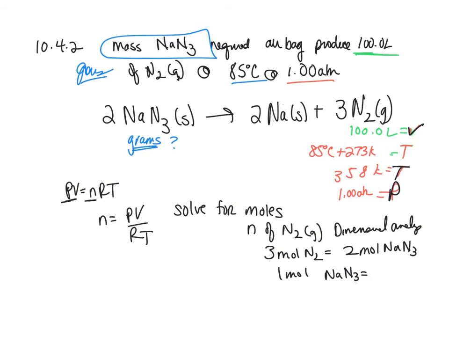If you look at the periodic table, you had 23 for sodium, you got 3 nitrogens, 65.03 grams of sodium azide, then we can get the mass.